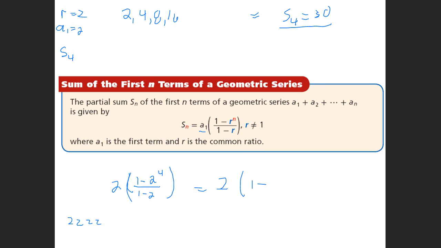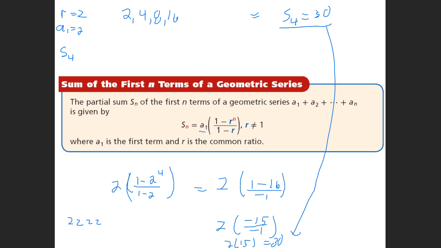So 1 minus 16 over 1 minus 2, which is -1, isn't it? So 1 minus 16 is -15 over -1. So -15 over -1 is 15. So 2 times 15 is 30. It's the exact same answer as I got there. So this formula does work. It's a little putsy there, but it does work.